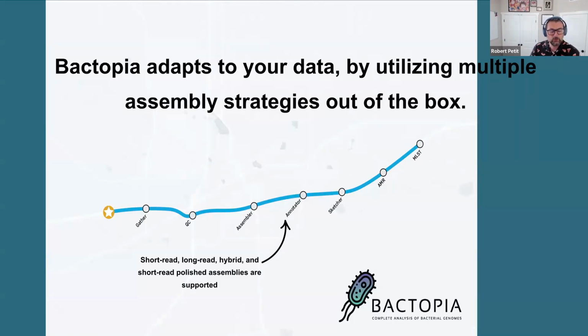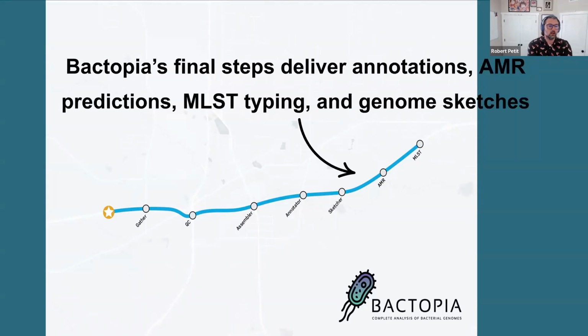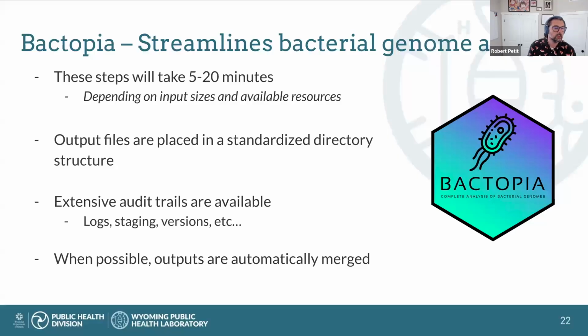And the short read polish would be the opposite, where you assemble with the long reads first and try to polish the assemblies, correcting the errors of ONT with the Illumina reads. And then the final steps deliver annotations, AMR predictions, MLST typing, and genome sketches. So these steps give you everything you want out of a bacterial genome.